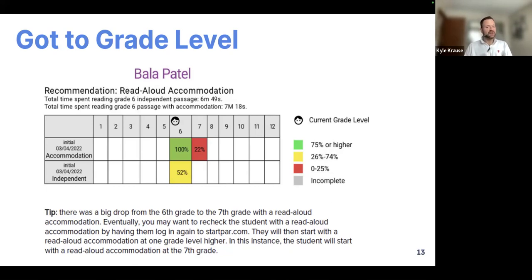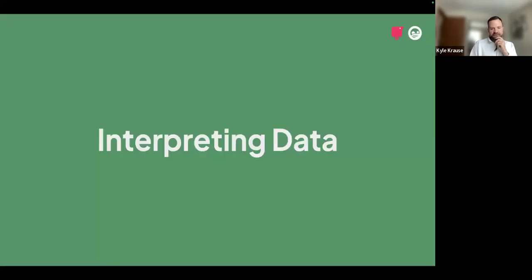So again, you have that tip section there that gives you a little bit more information. This would be a student that you'd want to do that kind of recheck with, because it would check them at the last point they were successful, so that over the course of the year, we can see, okay, they can actually get even higher grade level content when they have that read aloud to them under those terms.